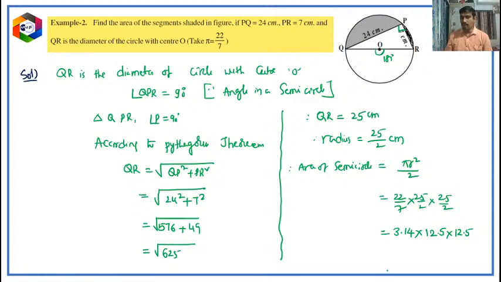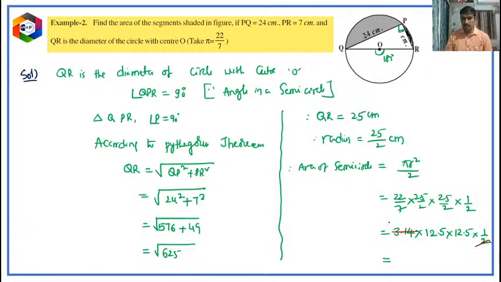Now let us calculate children. The area is pi r square by 2. Okay, sorry, there is one more factor, by 2 also. So pi, 22 by 7, 12.5 into 12.5 into 1 by 2. Now upon multiplying, that 2 will get cancelled.